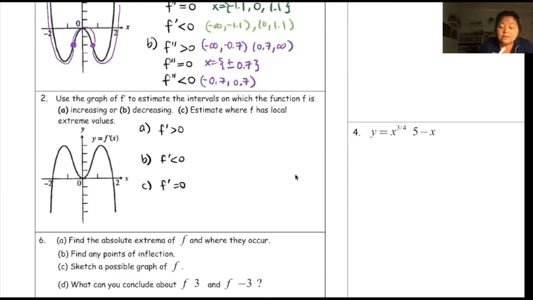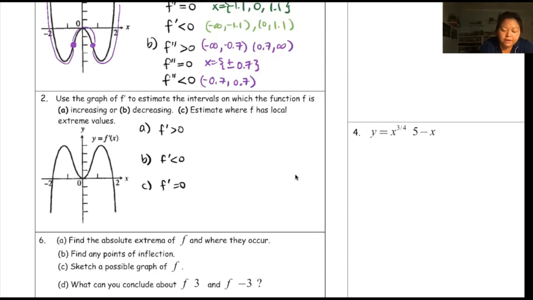Okay, now this graph is already f prime, so I can't look at it and say, oh, this is increasing, this is decreasing. No, this is already f prime. So what does it mean when f prime is positive? That means when the graph is above the x-axis, because that's when the graph itself is positive.